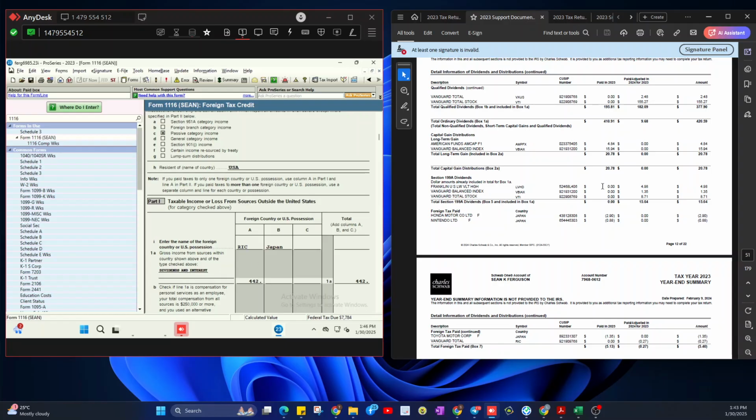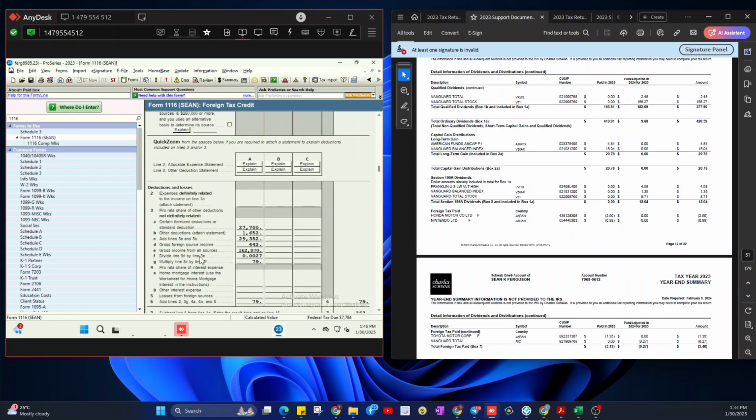So this covers both the dividends and distributions. So 420 plus 20, 421 plus 21 is 442. That's why we have 442. All right? So it's the gross source income 442.